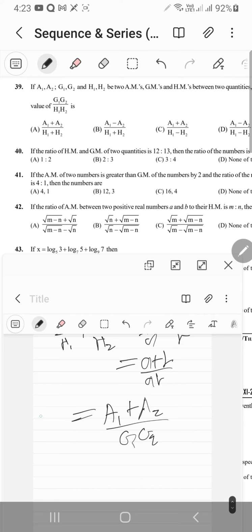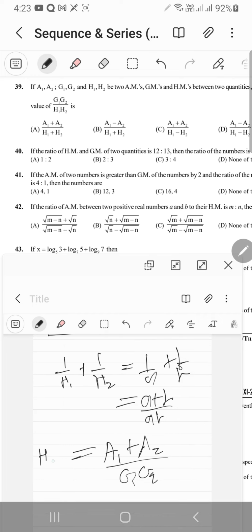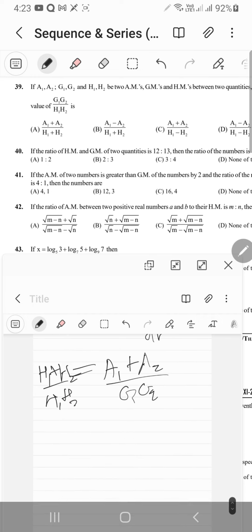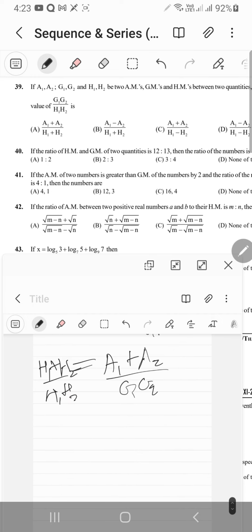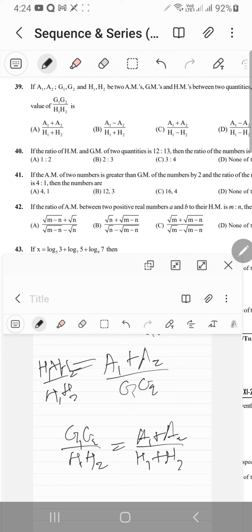And this thing is just (H1 plus H2) upon H1, H2. Cool. What does that mean? What do we want? We want G1, G2 and H1, H2. So G1, G2 upon H1, H2, that thing is (A1 plus A2) upon (H1 plus H2). Weird, isn't it?